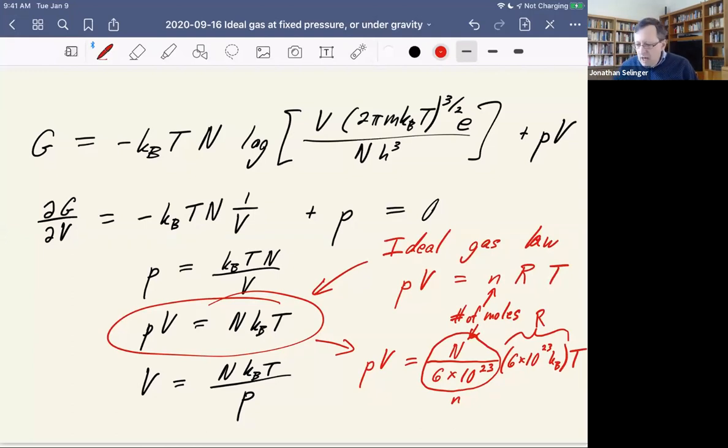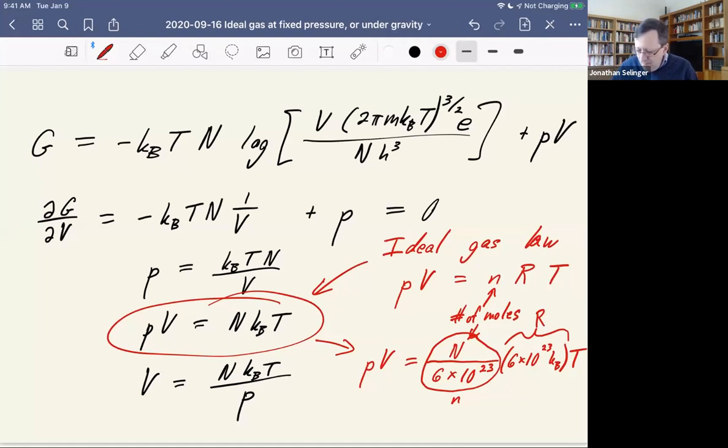So these are exactly equivalent equations. It's just that one is thinking in terms of moles and the other is thinking in terms of counting molecules. So those things are the same.